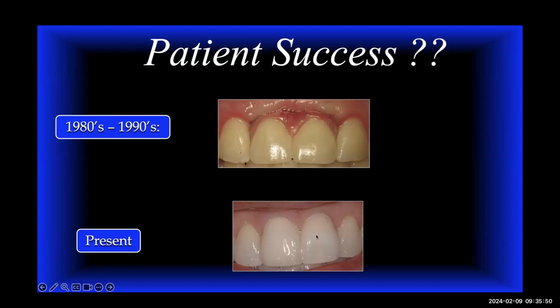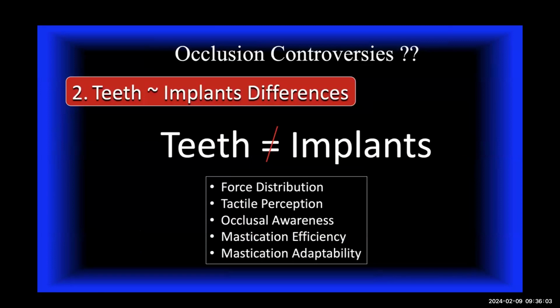So that would not be a success, it would be a failure. So aesthetic failures are a huge problem that we're going to have to contend with in the future because of the subjectivity of it. That's the first problem that we have in occlusion. So the literature really is not behind us. We don't have that to come up with those conclusions.